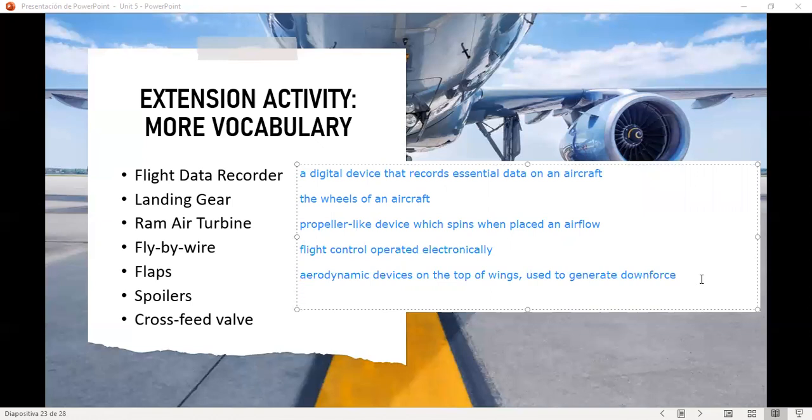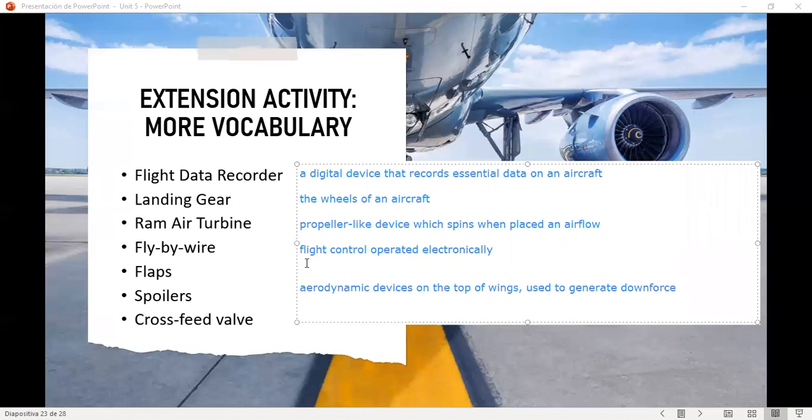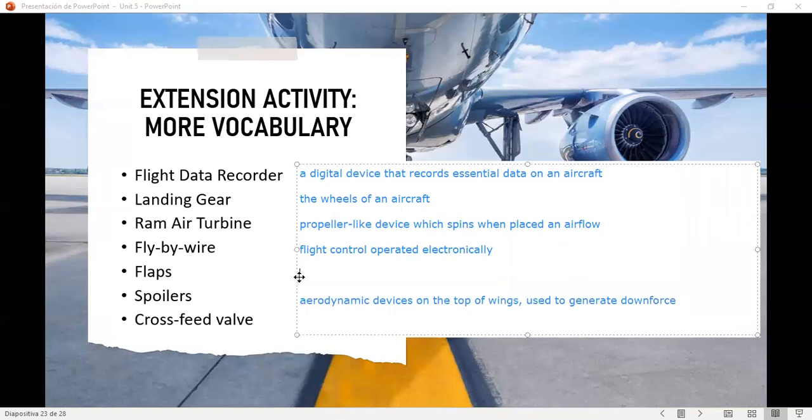What about spoiler? Not like the movie spoiler. A spoiler is the aerodynamic device on the top that is used to generate downforce, like the brakes.